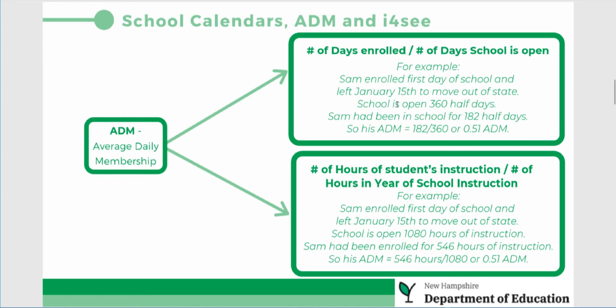And so in the example in the upper right corner here, we've got a student named Sam who might have been enrolled at the beginning of the year, but left January 15th to move out of state. We have to calculate what portion of the year was Sam enrolled in the school.